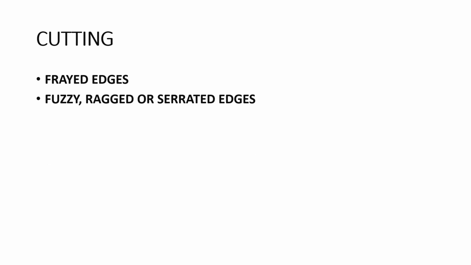And when all these operations are perfectly done, we come to the next operation, that is called cutting operations. The different points which need to be seen in cutting operations are frayed edges, then fuzzy, ragged, or serrated edges.